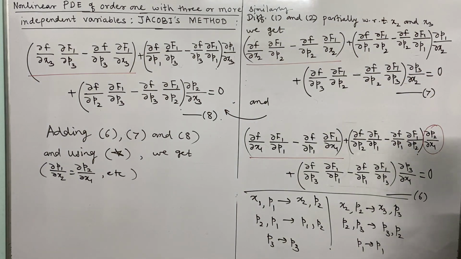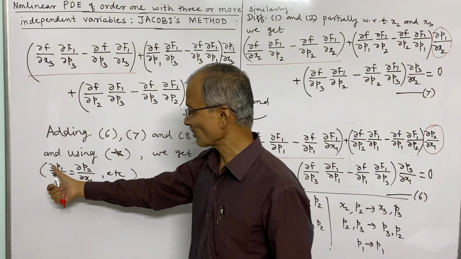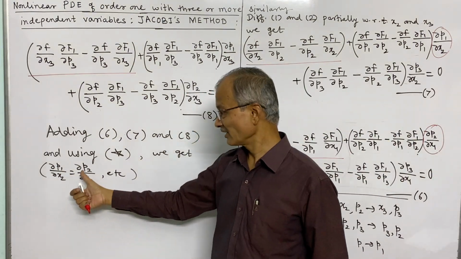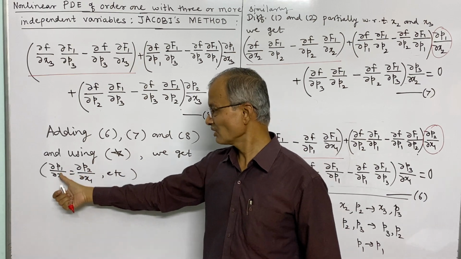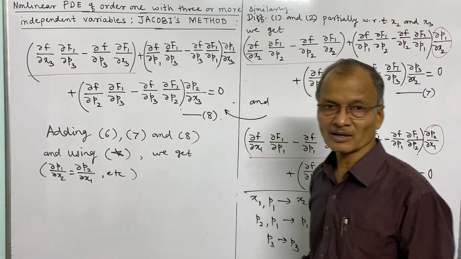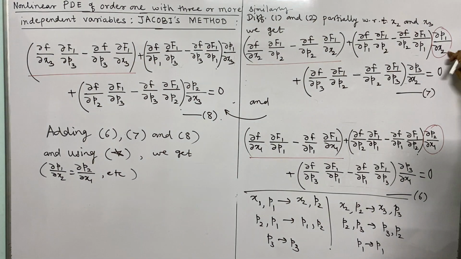That we will see. These two terms are equal. This second order partial derivative we have written in the star equation. This is actually the second order derivative of z with respect to x1, x2, and that is also the same, second order derivative of z with respect to x1, x2. So 1, 2 and 2, 1 are interchanged, it remains the same. And thus these two are equal.